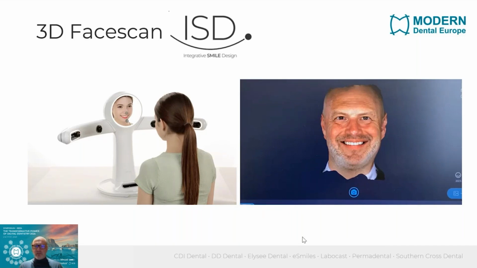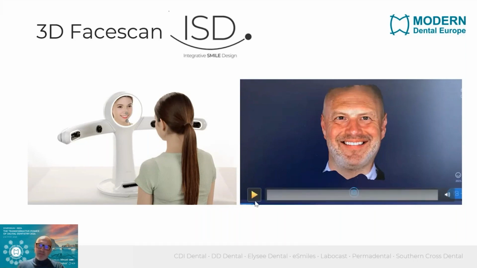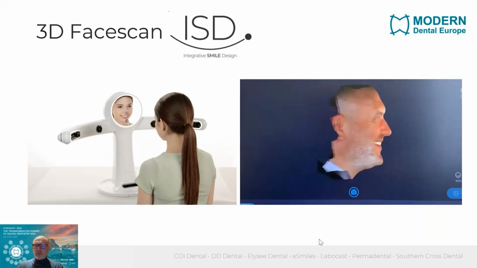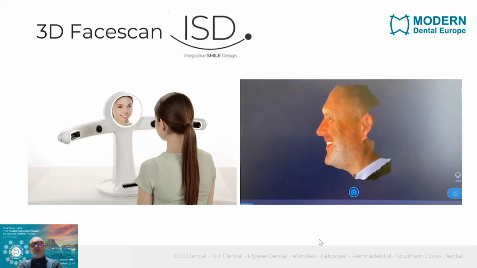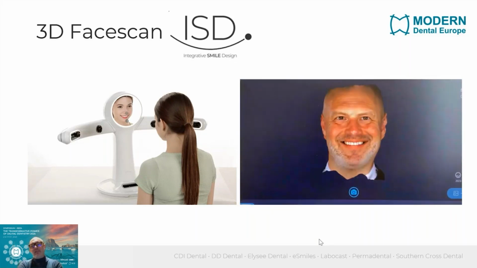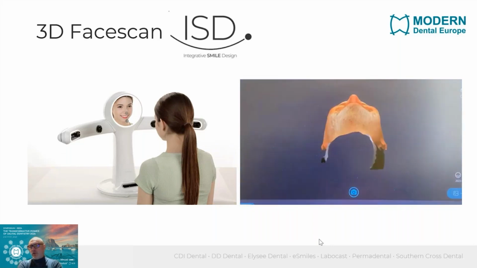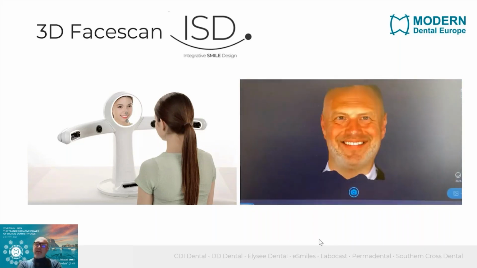And this is this beautiful device, which has different cameras in those arms, capturing actually the face very easy in less than 1 second. It's a single shot capture, and then you have your 3D face scan available in the software.